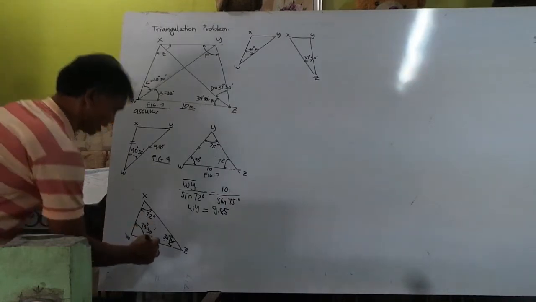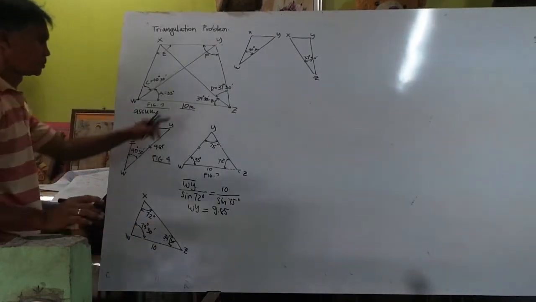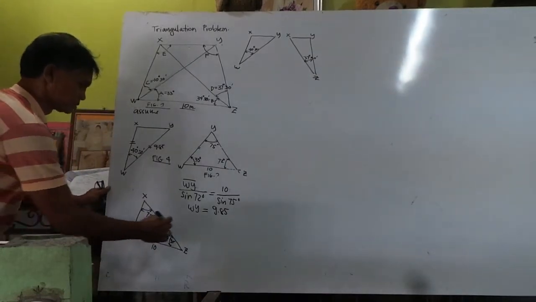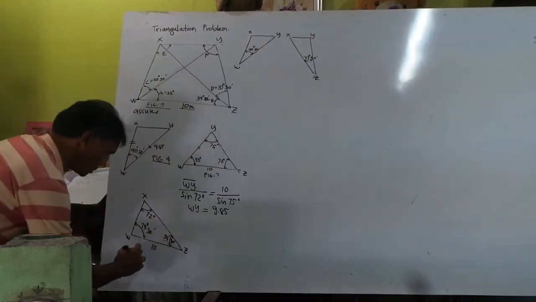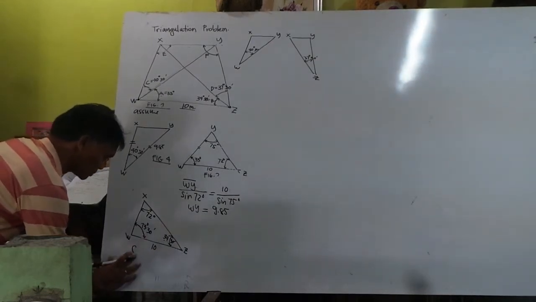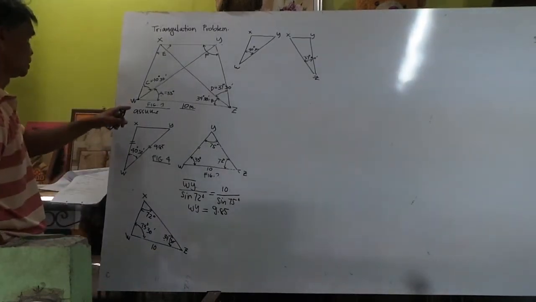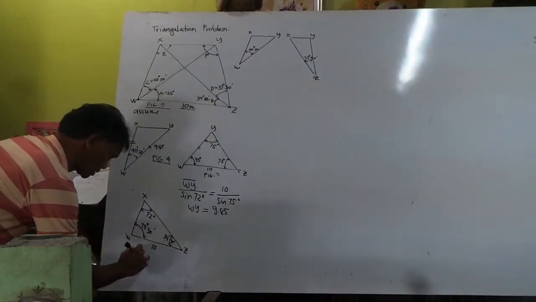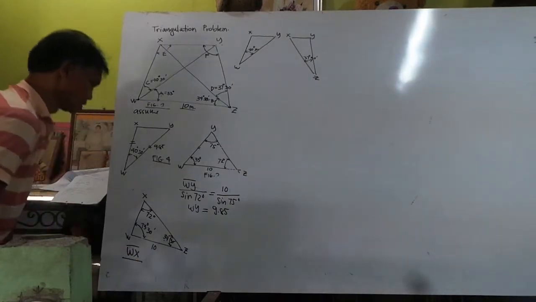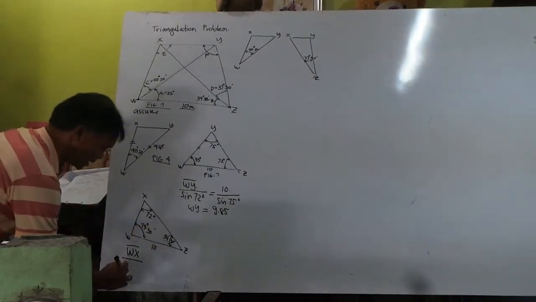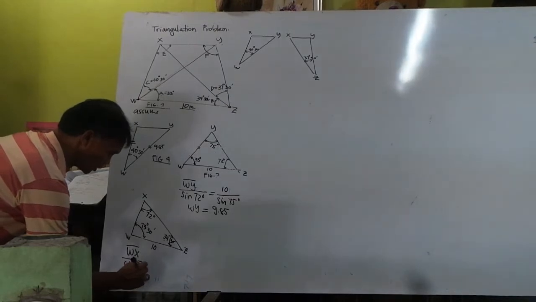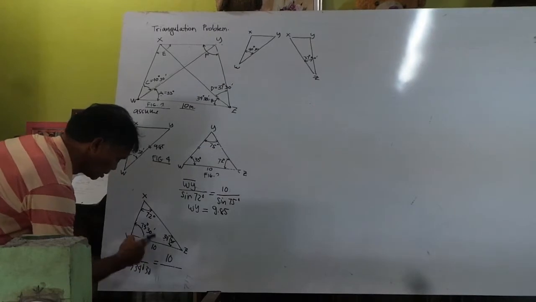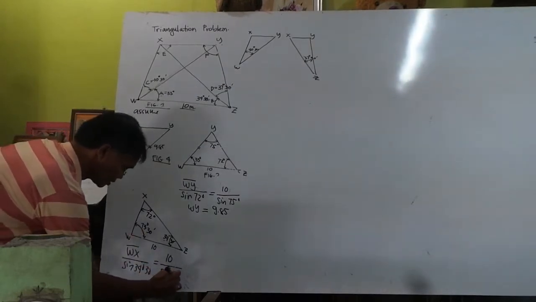So again, this is 10, assuming 10 meters. So we will use the sine law again. We want the value of WX. So you will have line WX is to sine of 34 degrees and 30 minutes as 10 is to sine of 72 degrees.